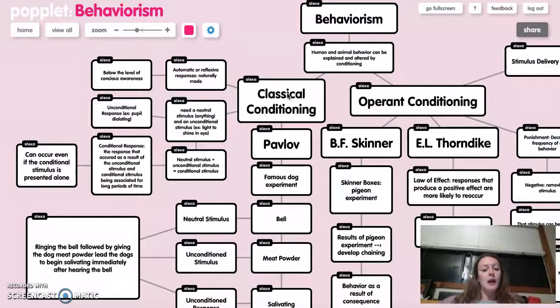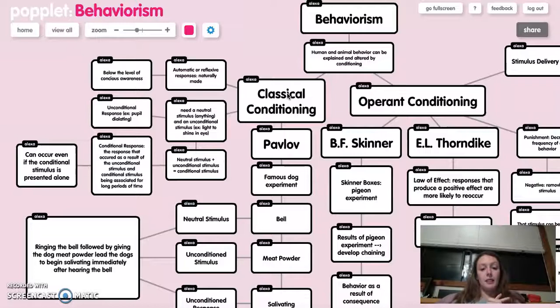So when we put together our neutral stimulus and our unconditional stimulus, we get a conditional stimulus. And that conditional stimulus elicits a conditional response in the person. And so that conditional response is a response that occurs as a result of your unconditional stimulus and your conditional stimulus being associated with one another for long periods of time.